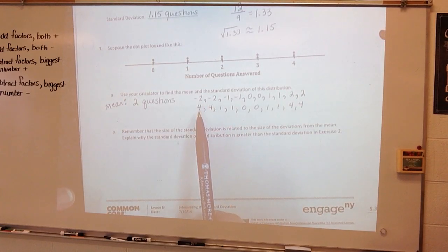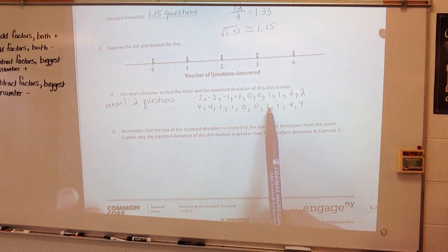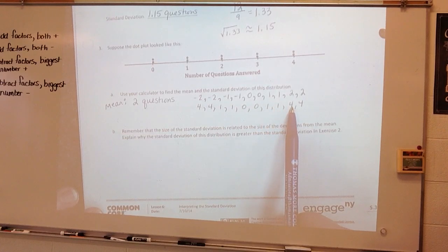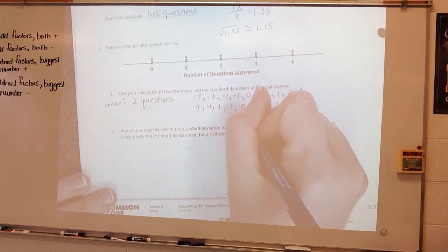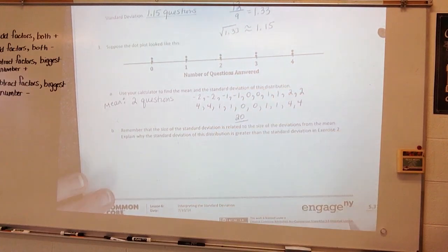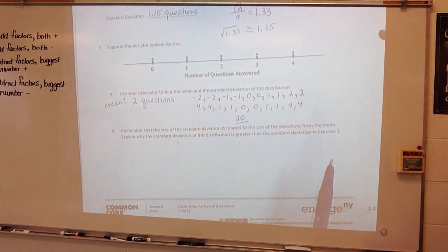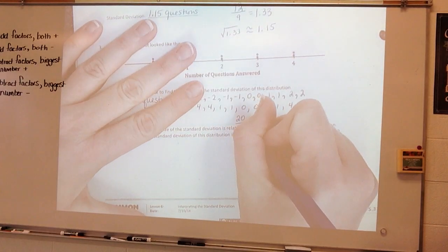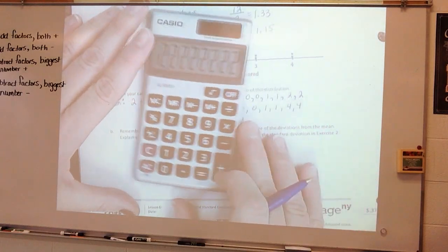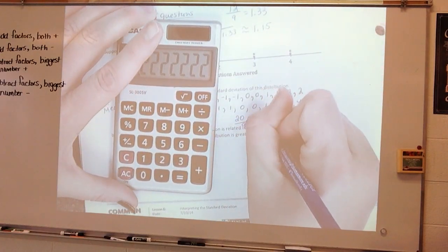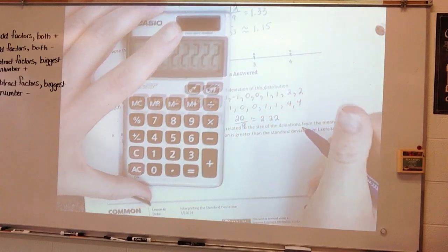Let's add them. 8, 9, 10, 11, 12. 12 and 4 is 16. 16 and 4 is 20. So I have 20 divided by, excuse me, there are 10 numbers, so 10 minus 1 is 9. So 20 divided by 9 is approximately 2.22.